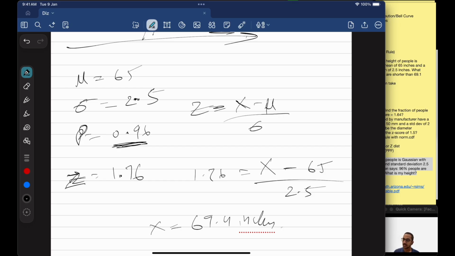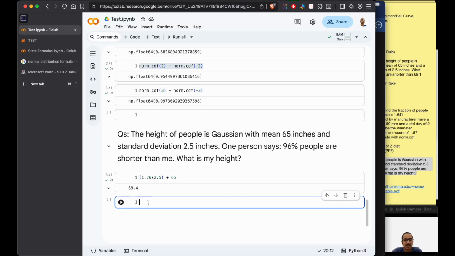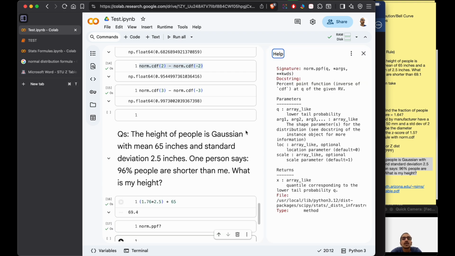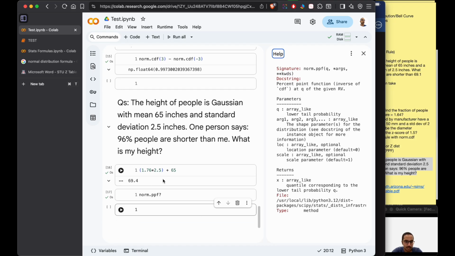Now obviously this is tedious, so there is another way using code. We can use norm.ppf, which will give us the value directly. If you see here, percent point function, inverse of CDF at q of the given random variable.